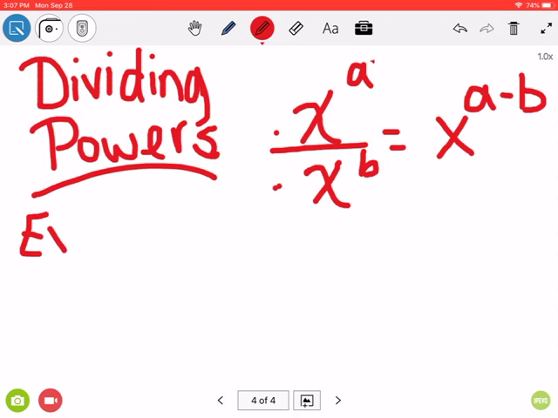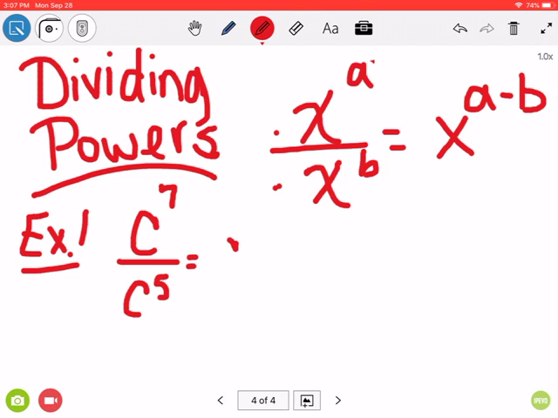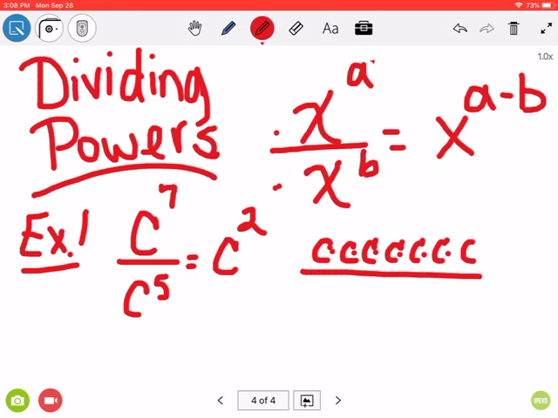So some quick examples. If I had c to the 7th over c to the 5th, I would just do 7 minus 5, and I would get 2. And that makes sense. Why does it make sense? Because if I had 7 being multiplied over 5 of them, then for every one I have in the denominator would cancel out 1 in the numerator.